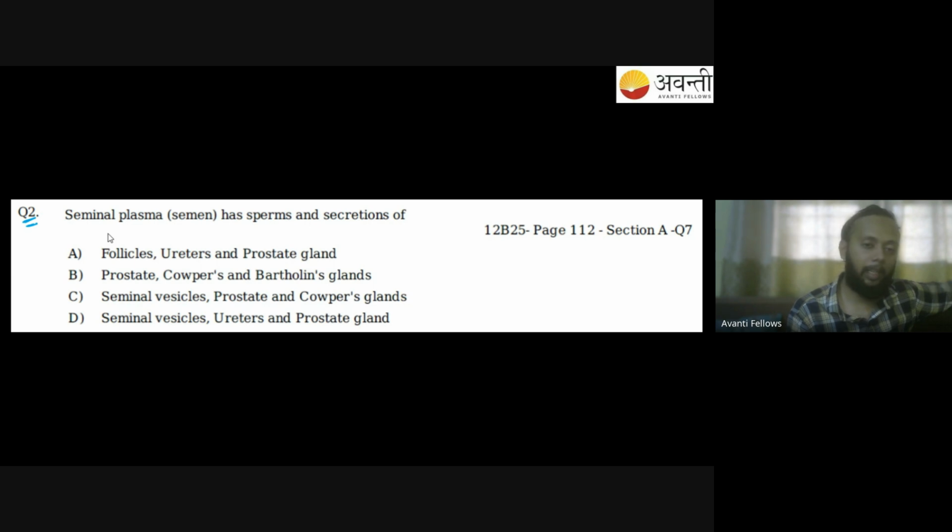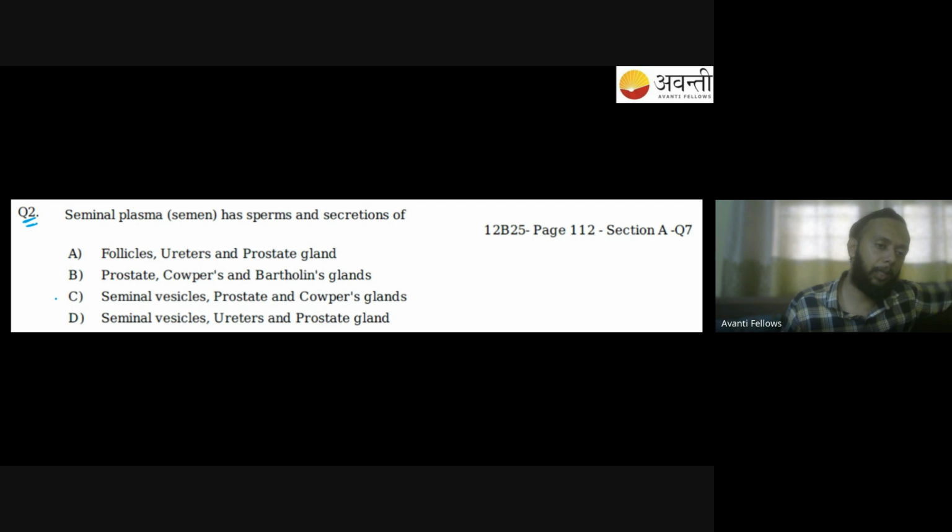Gayatri, tell us what is the answer over here. Simple question. Sir, option C. Right. And I'm assuming Tanishka and Shikha will also go with option C. Yes, seminal vesicle, prostate gland, and bulbourethral gland are the ones which are going to secrete all the secretion coming in the semen.